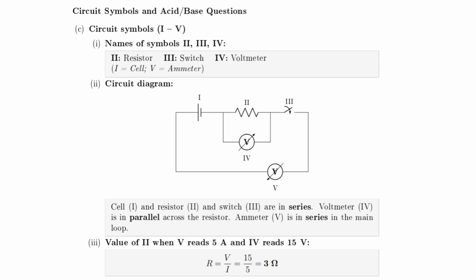The voltmeter is in parallel across the resistor. The ammeter is in series with the main loop. Now the value of II: V = IR from Ohm's law. We know V is 15 and I is 5, so R = 15/5 = 3 ohms. Let's look at B.